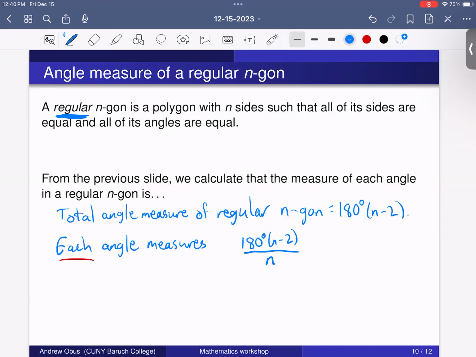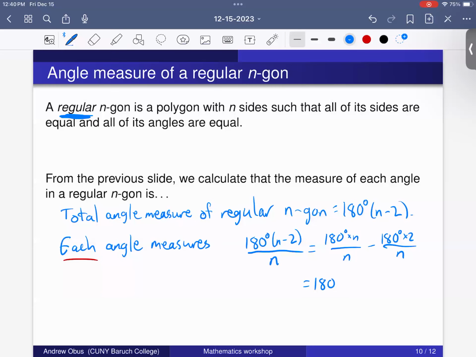So each angle measures 180 degrees times n minus 2 over n. We can simplify this: 180 degrees times n divided by n minus 180 degrees times 2 divided by n. And that's going to be 180 degrees minus 360 degrees divided by n. Okay.